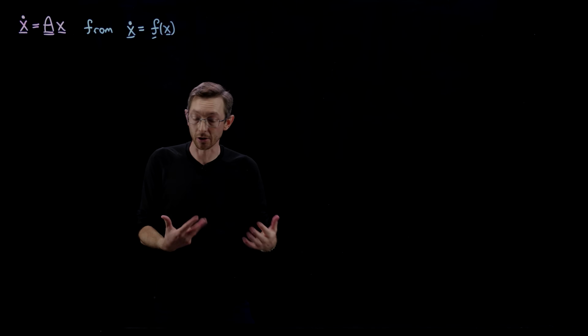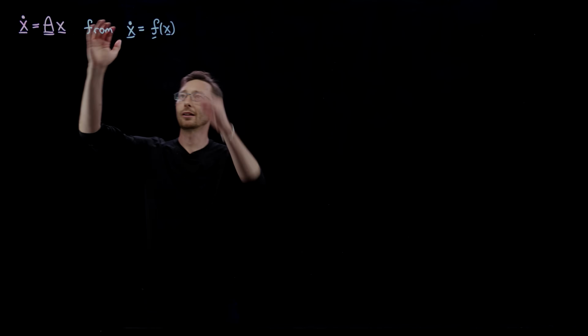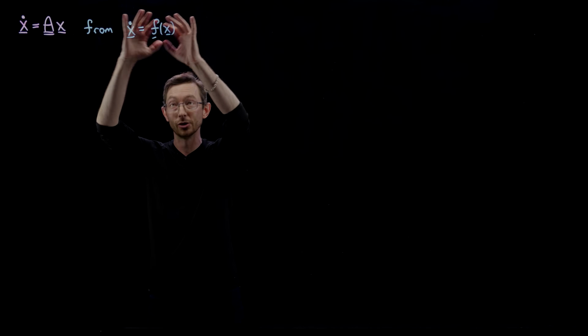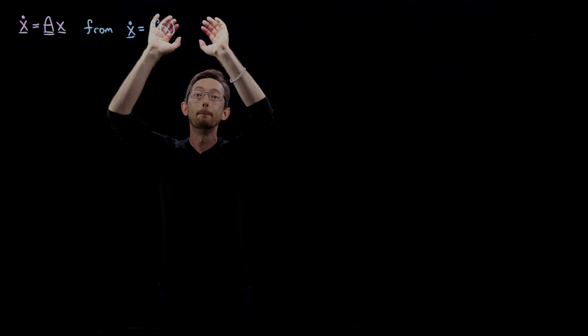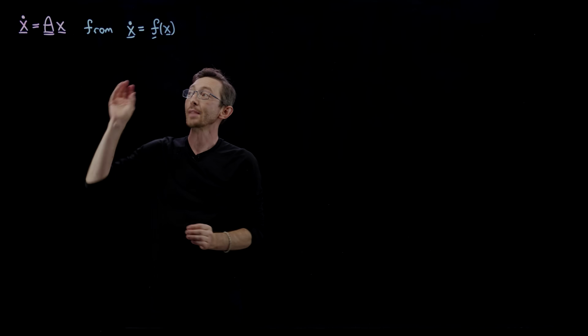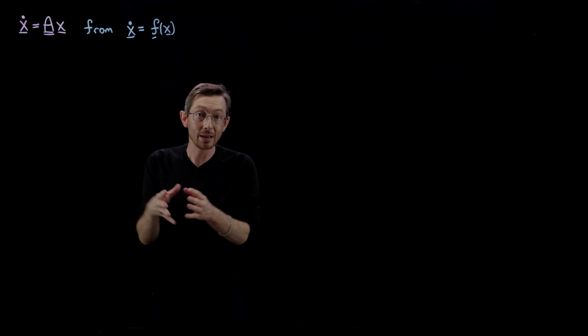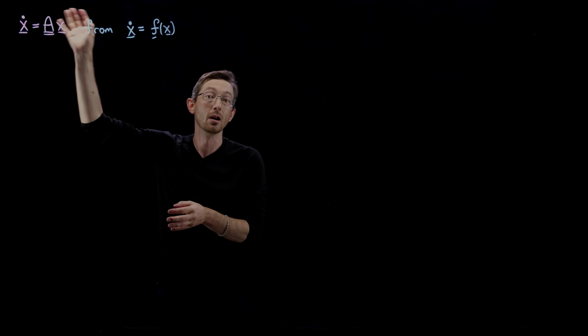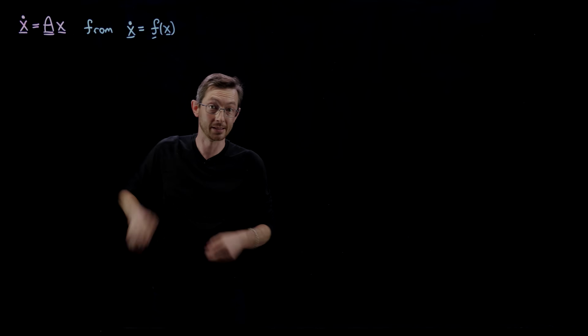There are nonlinear terms. And so what we're going to talk about is how to analyze honest to goodness, fully nonlinear differential equations that are really nasty by finding fixed points and linearizing, zooming in near that fixed point where it looks approximately like a linear system, where we have tools to analyze that system.